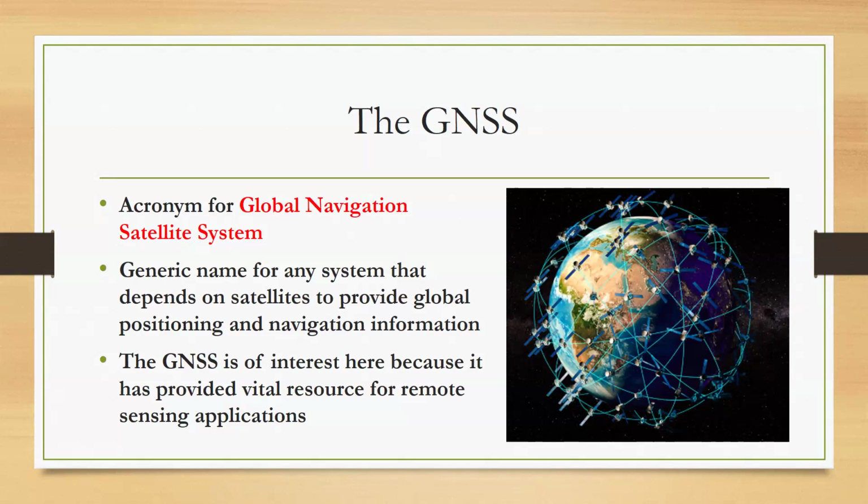So the GNSS is the generic name for any satellite system that helps us know where we are, our positioning, timing, and helps us with navigation. They are called Global Navigation Satellite Systems. It is of interest to us here because it also provides a vital resource for remote sensing applications, as we are going to see after the break.